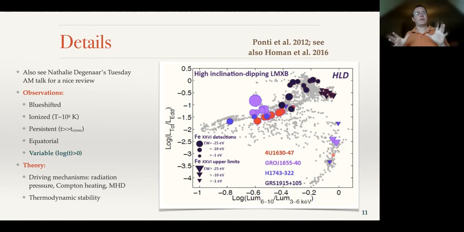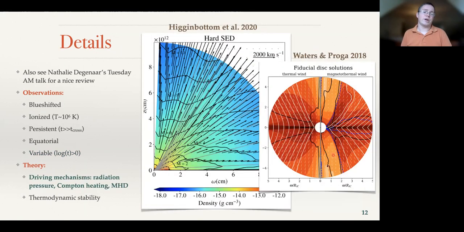So I would say that these are the things that we basically know about how accretion disk winds work around black holes. That's on the observational side. On the theoretical side, one of the things that we know is the mechanisms by which we think they can operate. The driving mechanisms, the launch mechanisms, include radiation pressure, Compton heating or thermal driving, and magnetohydrodynamic processes.